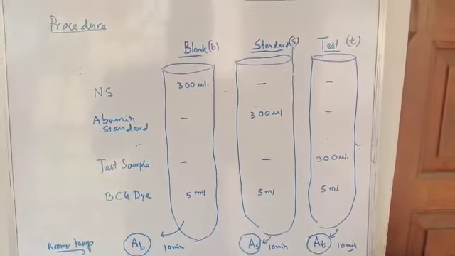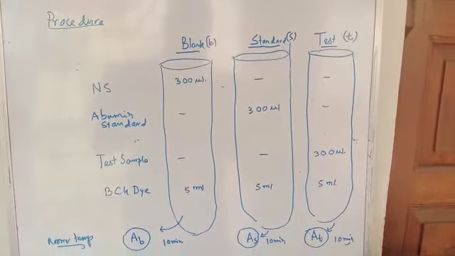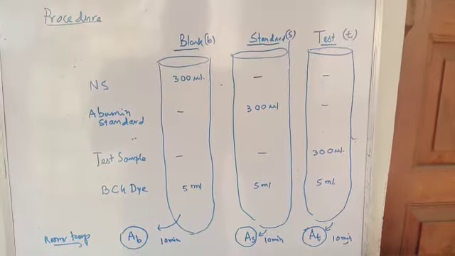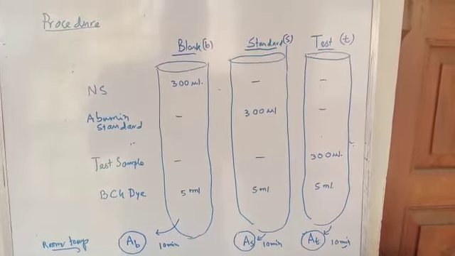Now coming to the operational procedure. We take 3 test tubes, namely one blank, one standard and one test.